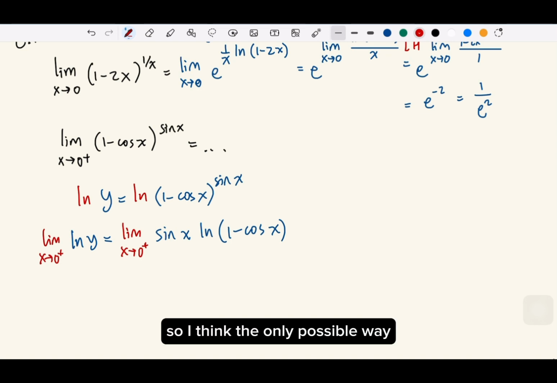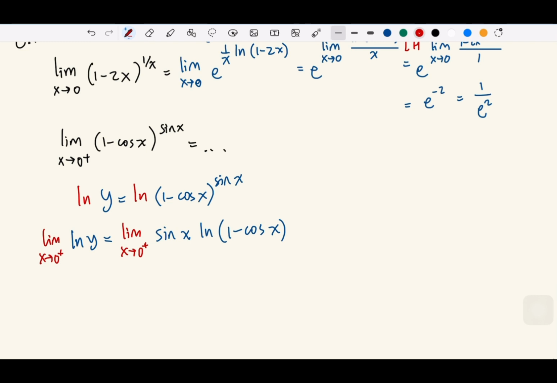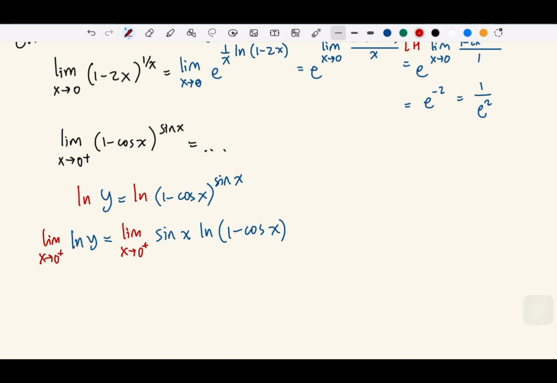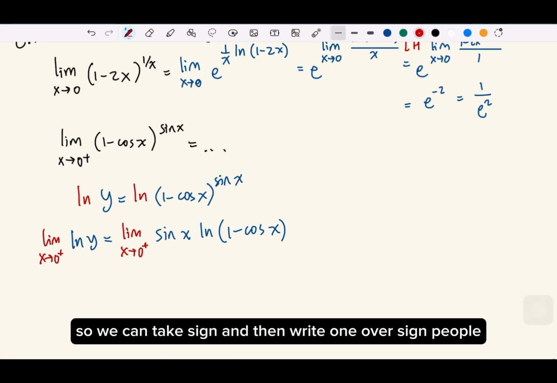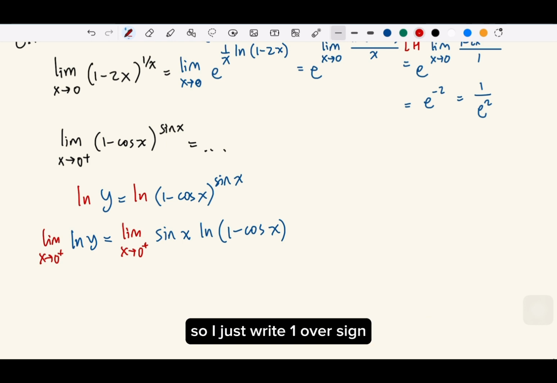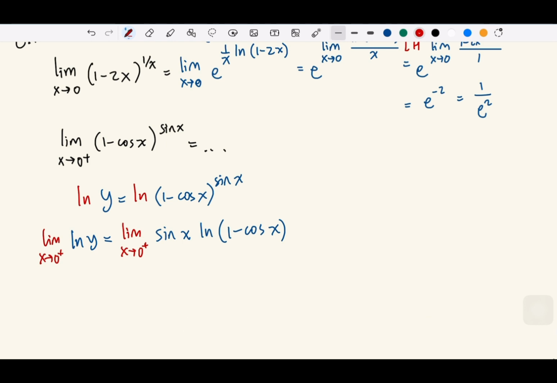Okay. So I think the only possible way, because this is already one big function, ln with some other function inside, is to focus on the sine. So we can take sine and write 1 over sine theta, or cosecant. But I'm not really familiar with that, so I just write 1 over sine. Okay?